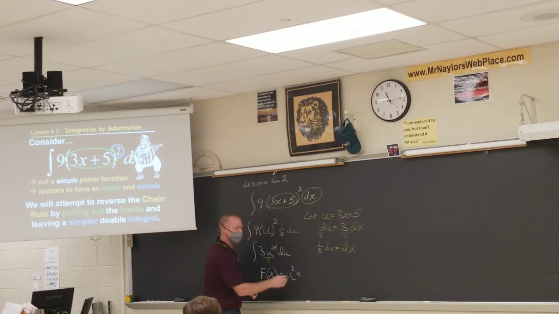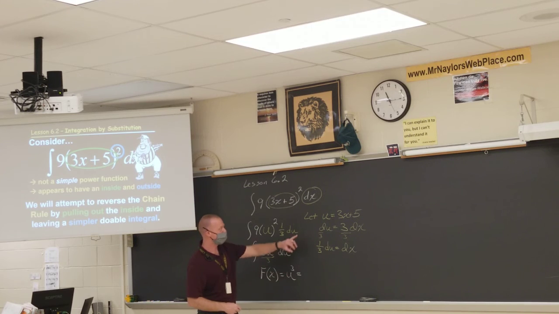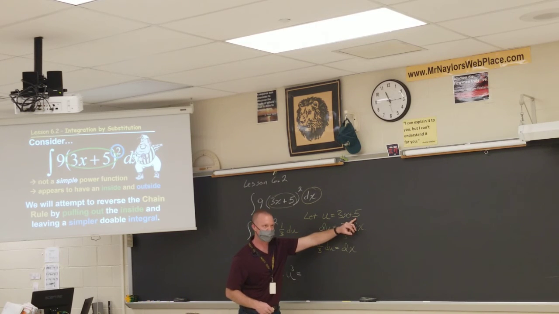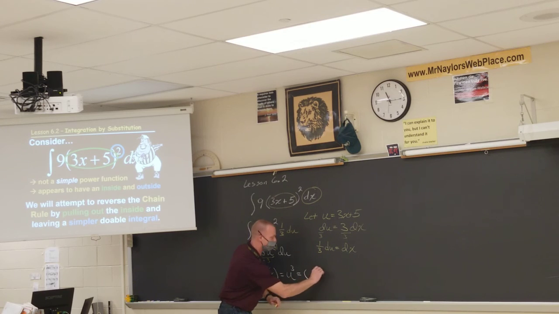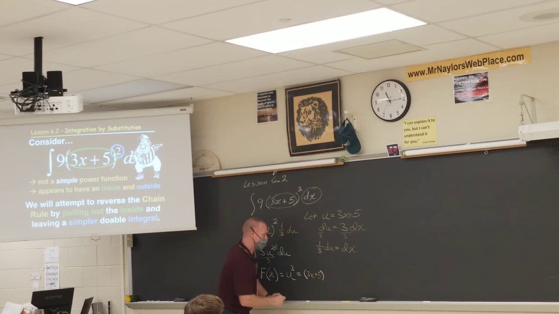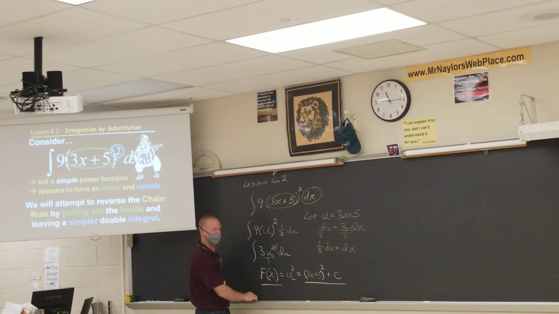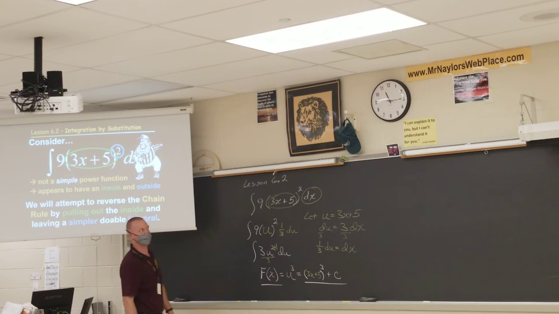Well, there'll be a time where you skip this step and you'll say, yes, but u equals 3x plus 5. And so we actually substitute back and we say that u, which is equal to 3x plus 5, is to the 3rd power. And of course, don't forget your plus c. And that is your antiderivative.